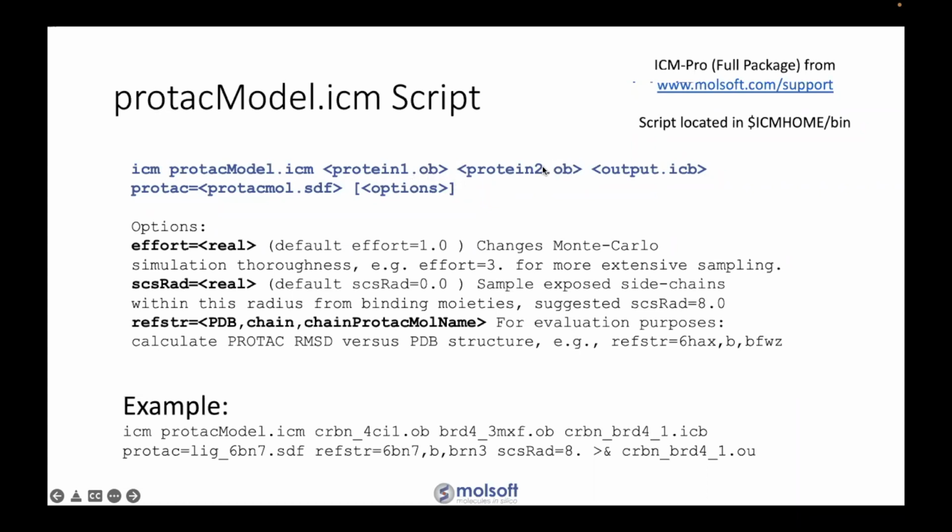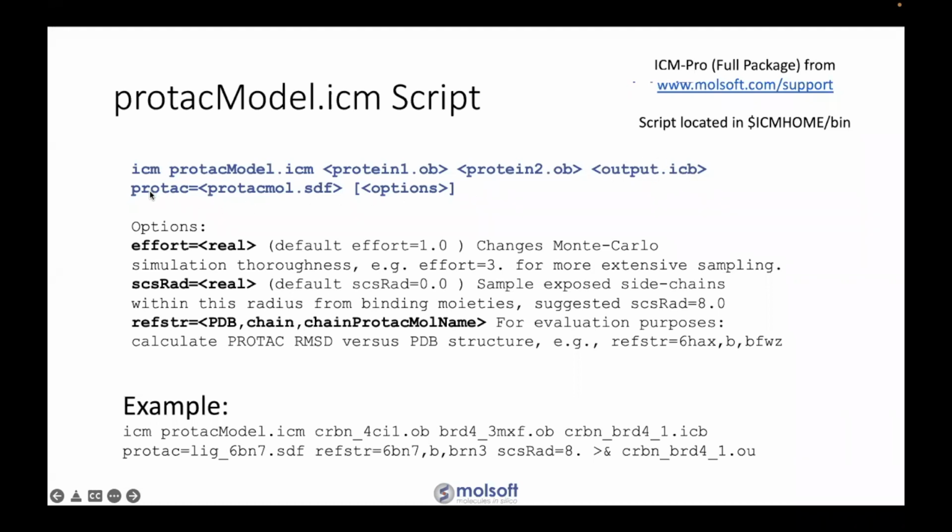So I'll show you how to do this. You read it in PDB and then convert. Then you give an output, which, you can see that the extension is ICB, which is MolSoft's ICM binary. So it's going to save everything in this output file.